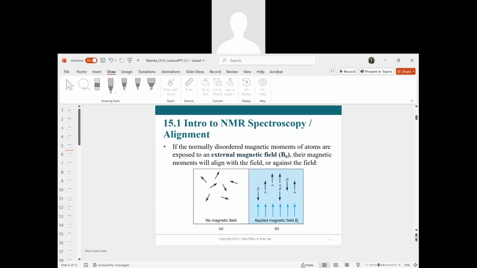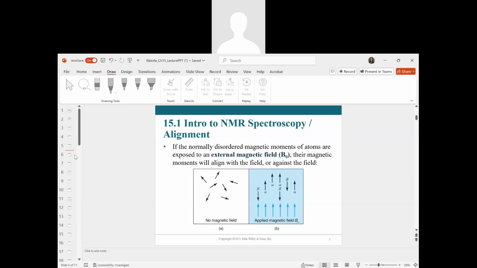And when we apply this external magnetic field, the nuclei of our atoms will align with or against that magnetic field. So we can see in image A here that there is no applied external magnetic field, but then in image B, we can see these nuclei either designated as alpha or beta, and their arrows pointing either against or towards this external magnetic field.